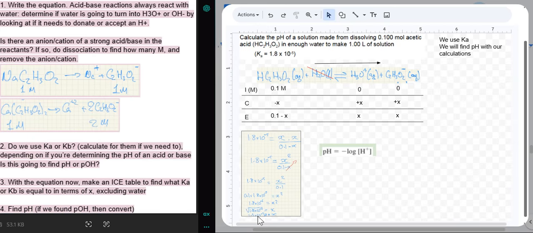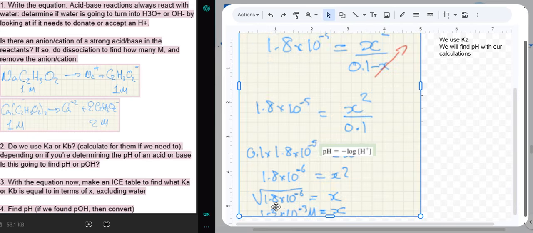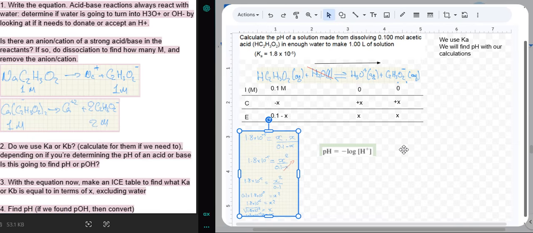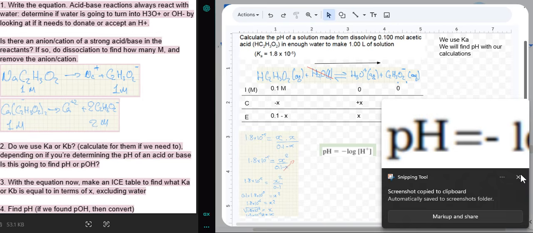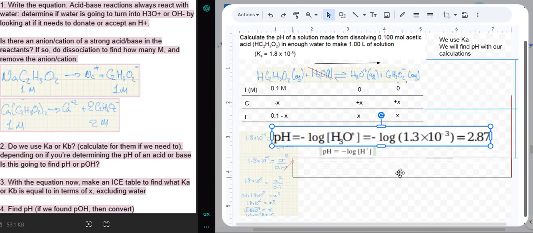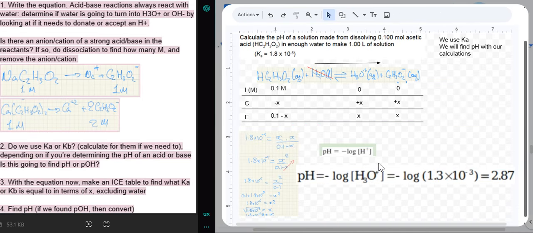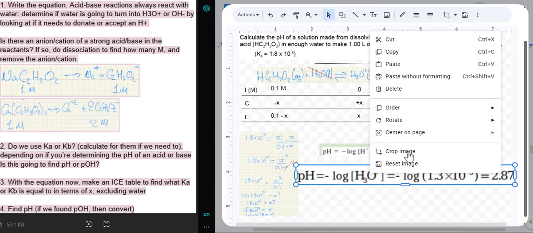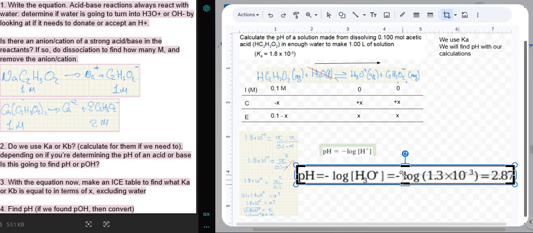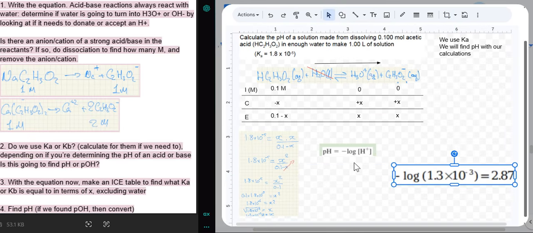So we put this number into that, like this. So that's basically it. We found the pH for this, which is 2.87.